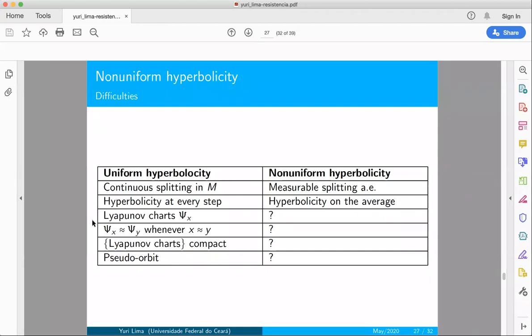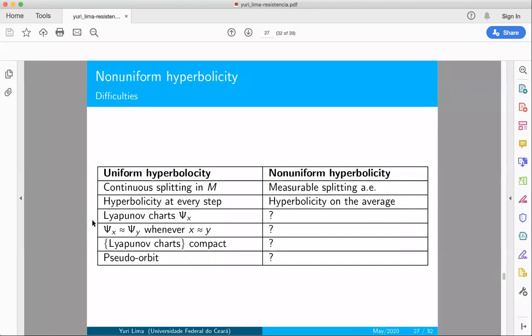How do we bypass the difficulty that, while in the uniform hyperbolic situation the set of Lyapunov charts is with some metric compact, is another difficulty. And also another difficulty is how do we define a pseudo-orbit in the non-uniform hyperbolic situation?